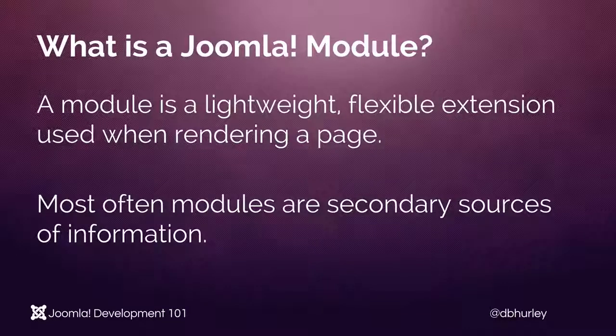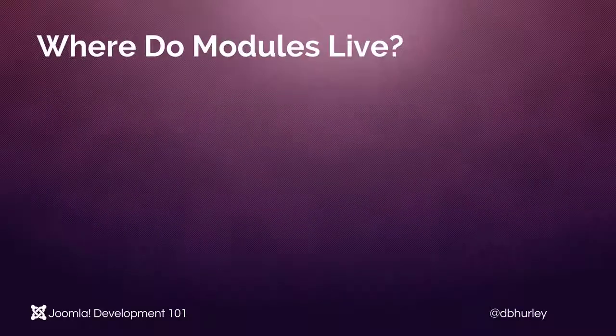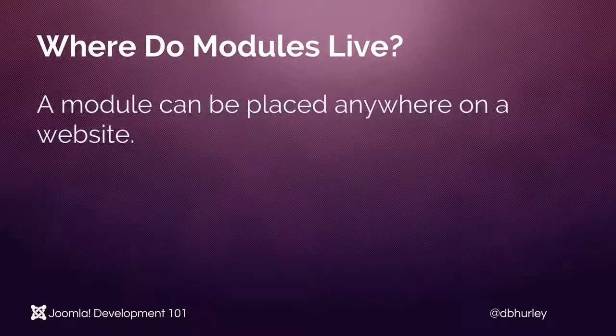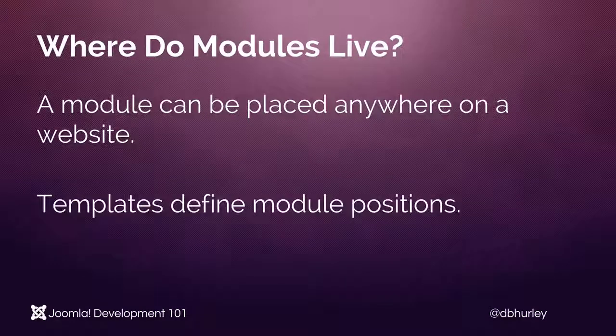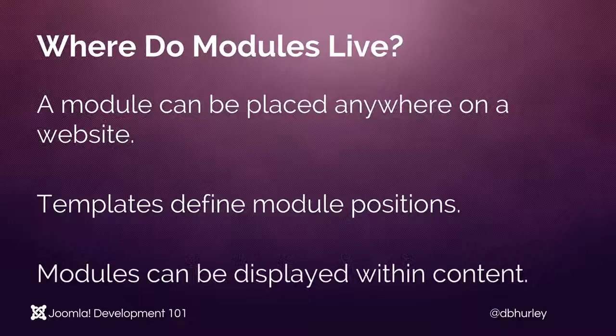The next question to look at is, where do modules live? A module in Joomla can be placed anywhere on a website, and these positions are defined by the template that you select for your Joomla website. We will look in a second at how you can review the module positions available in a template, both through the admin panel as well as through the front end of your Joomla site.